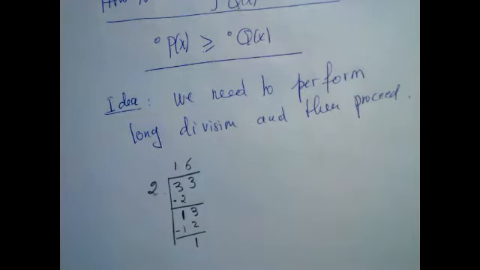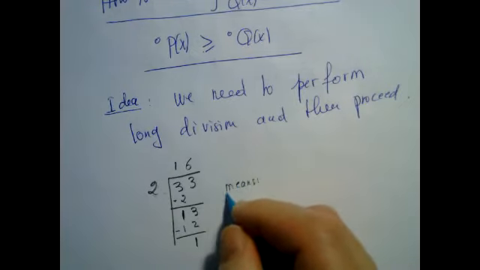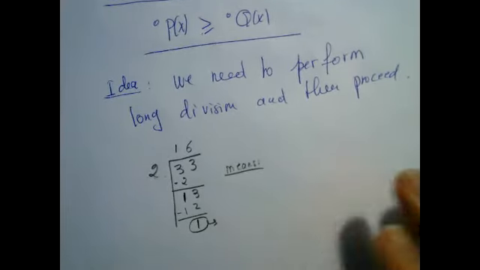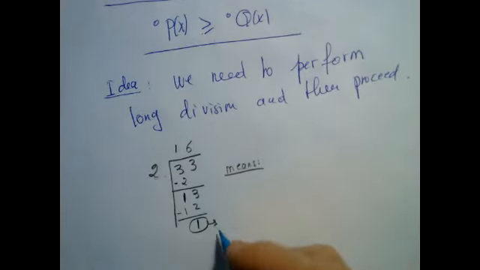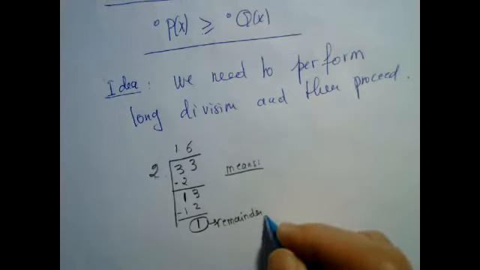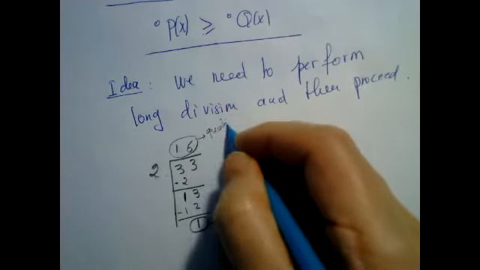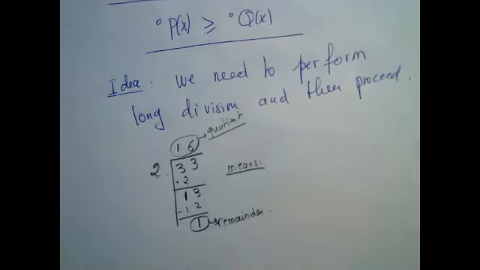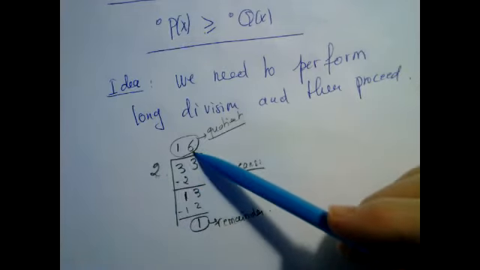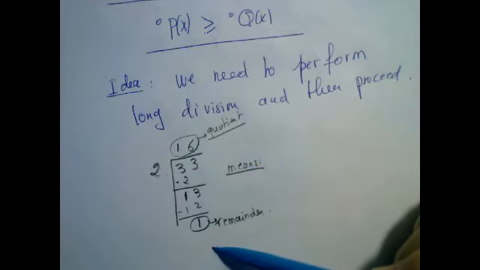But what does this mean? Do you remember what you call this 1 here? Remainder. And this is called the quotient. But what does this mean? That's really what I care about. It means when you divide 33 by 2, you don't get exactly 16. You get 16 with a remainder of 1.